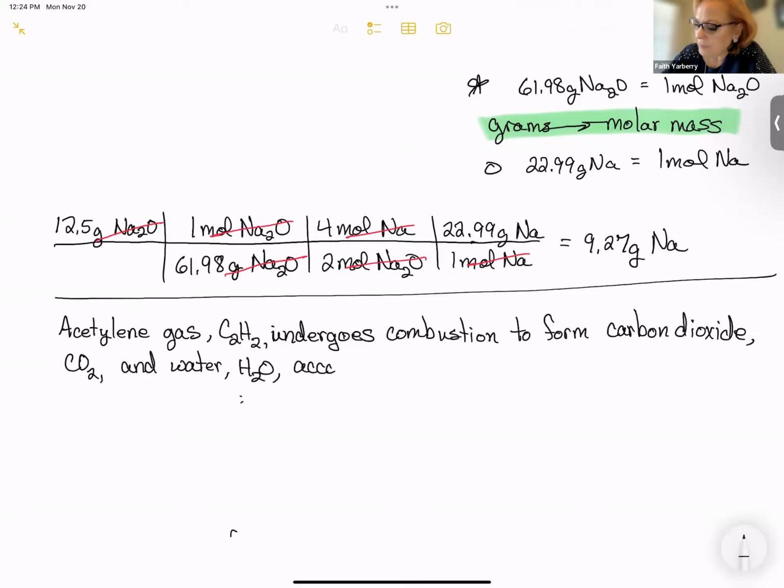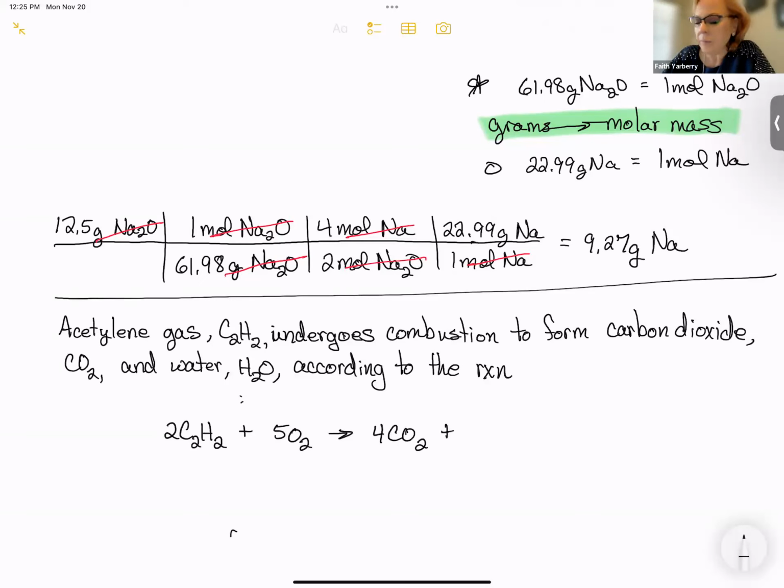According to the reaction, 2 C2H2 plus 5 O2 goes to form 4 CO2s plus 2 H2O.